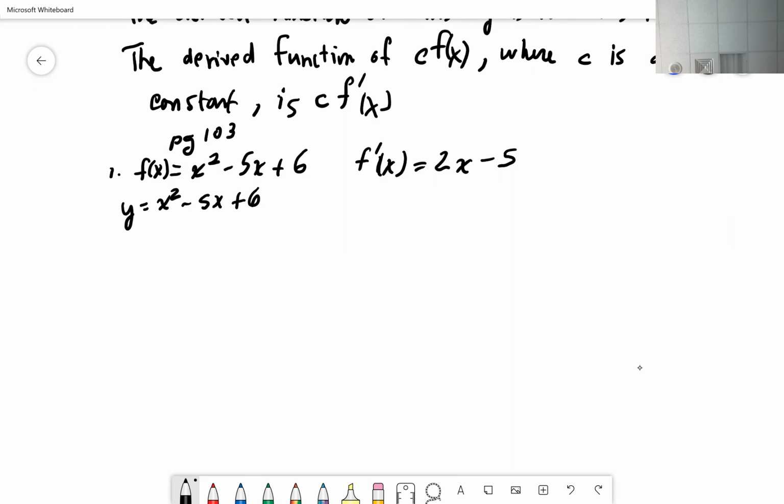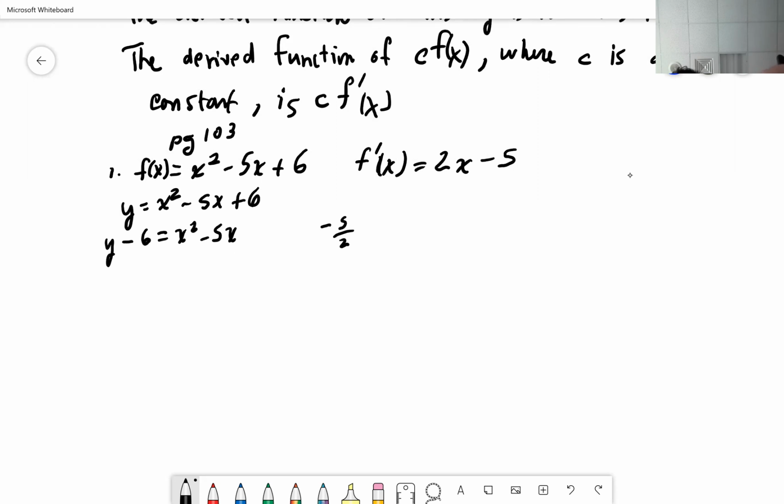So I'm going to complete the square because I just want to find the vertex. y minus 6 equals x squared minus 5x. Half of negative 5 is negative 5 divided by 2.